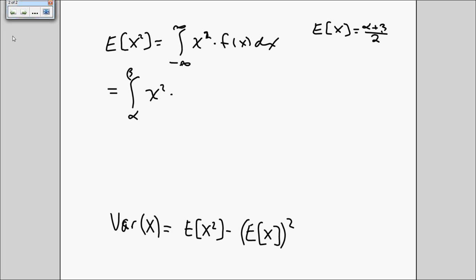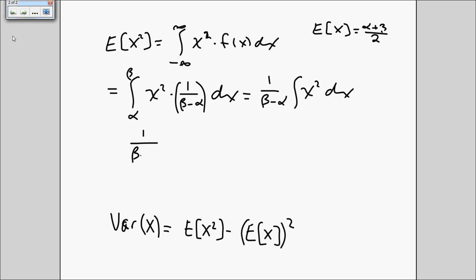So x squared times f of x, which is a constant, always 1 over beta minus alpha, dx. This constant I pull out in front. The integral of x squared dx is x cubed over 3. So I get 1 over beta minus alpha times x cubed over 3 from alpha to beta.